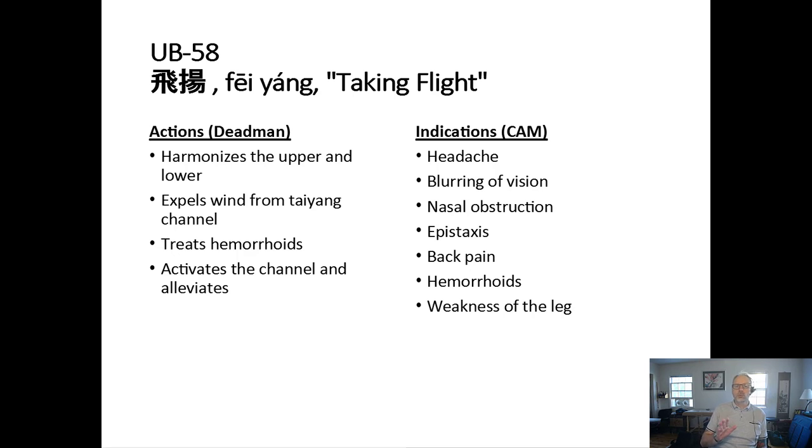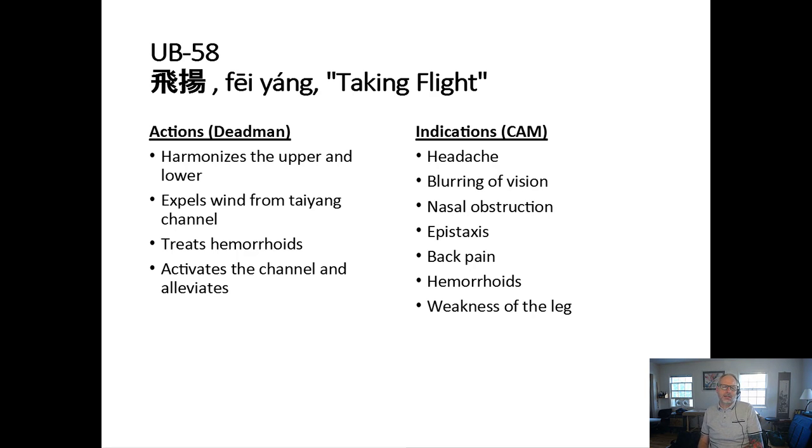So we need to harmonize the chi and blood through the girdle or daimai, right, to equalize it, to do away with the excess and give some of that excess back to the deficiency below the waist. Okay.